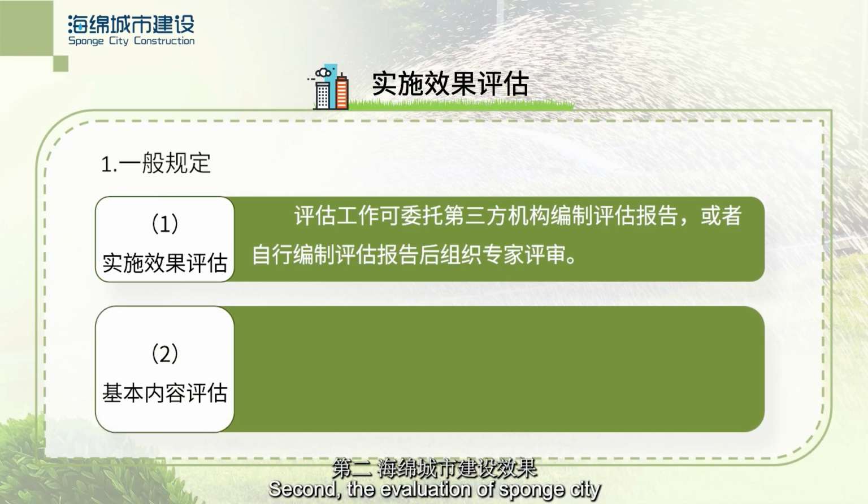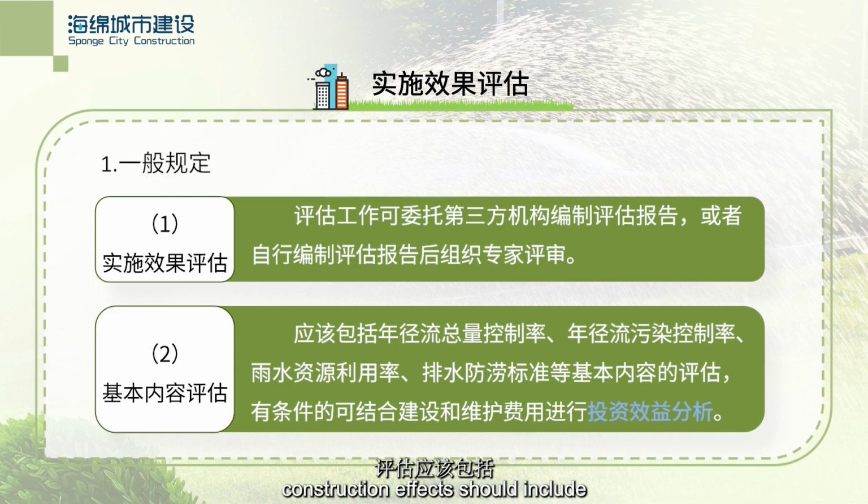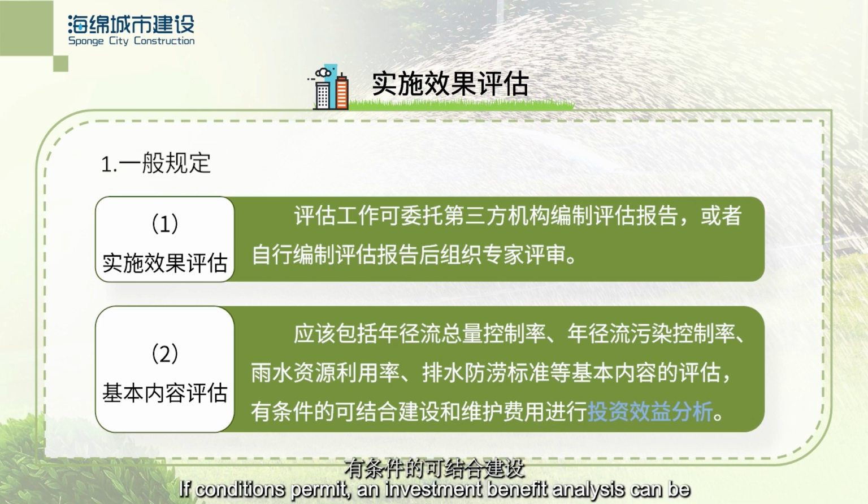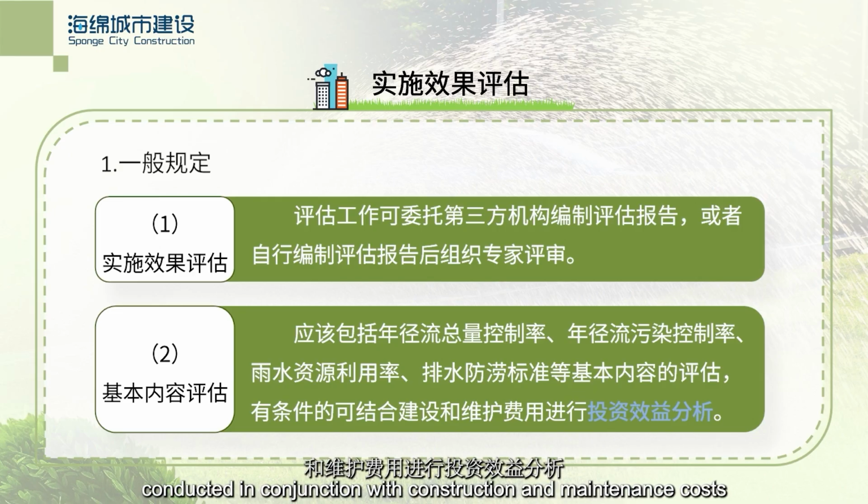Second, the evaluation of sponge city construction effects should include assessments of the annual total runoff control rate, annual runoff pollution control rate, rainwater utilization rate, and drainage and flood prevention standards. If conditions permit, an investment benefit analysis can be conducted in conjunction with construction and maintenance costs.